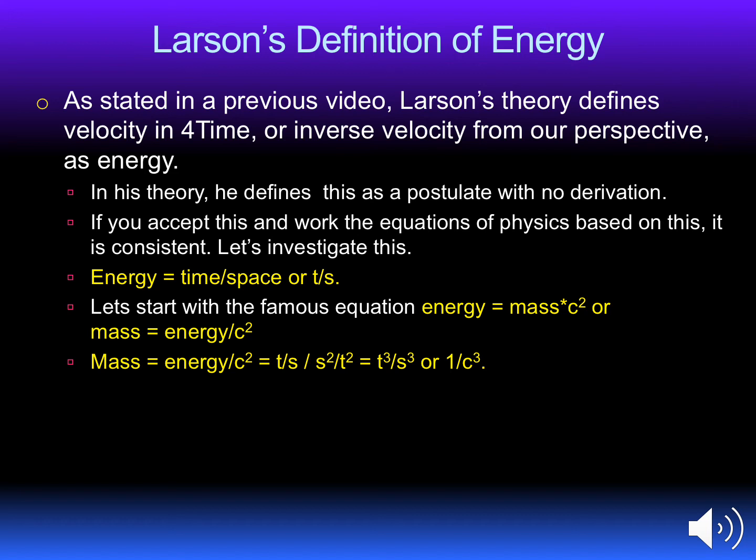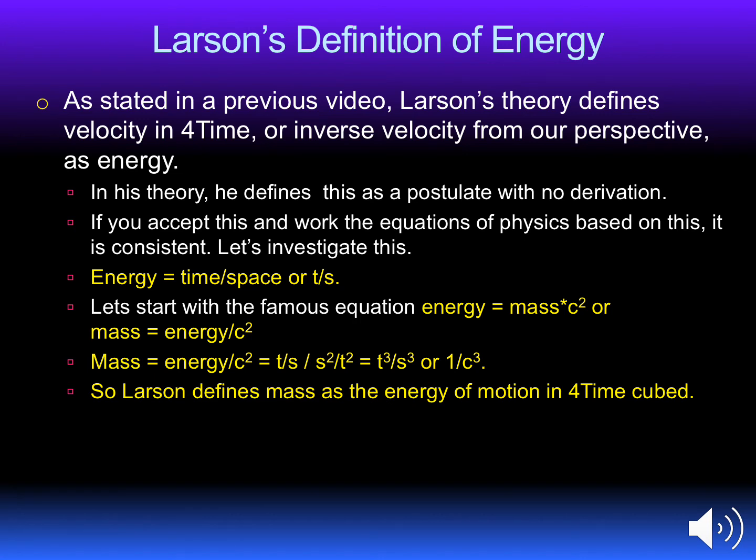And that equals T cubed divided by S cubed, or 1 over c cubed. So Larson defines mass as energy of motion in 4 time cubed. This T cubed divided by S cubed, from our perspective, would be 1 over the speed of light cubed.